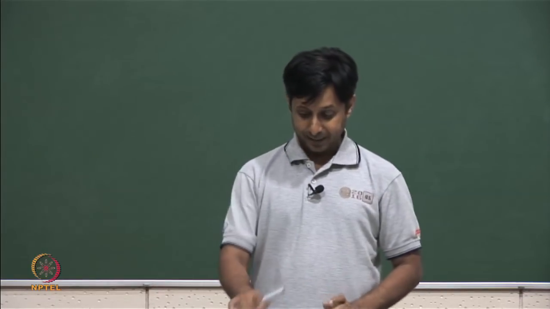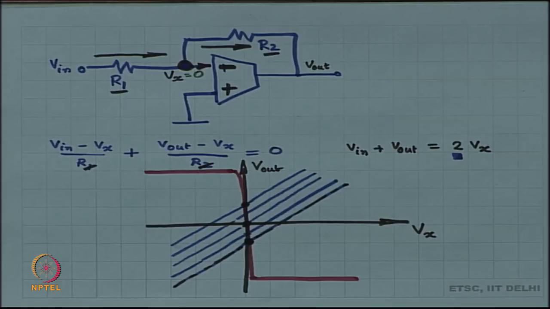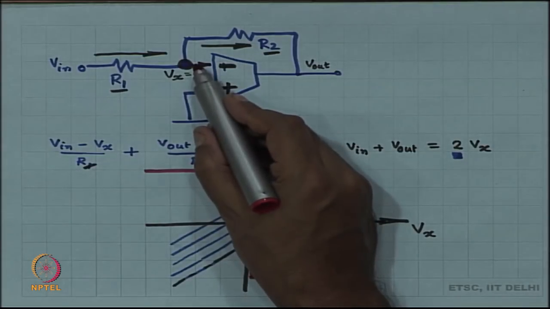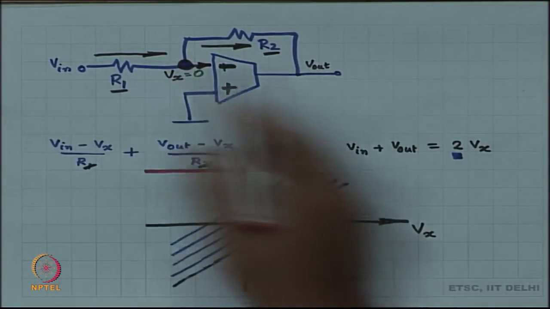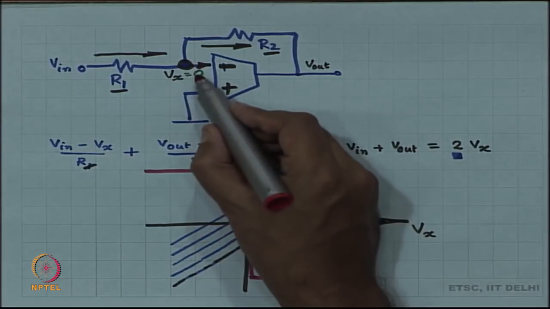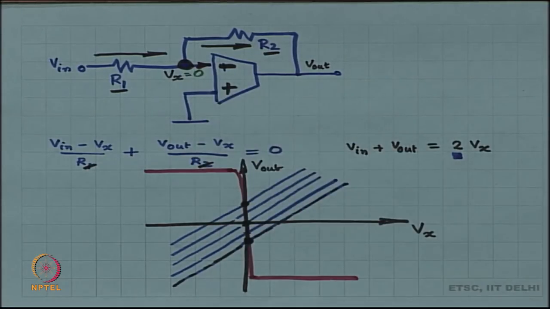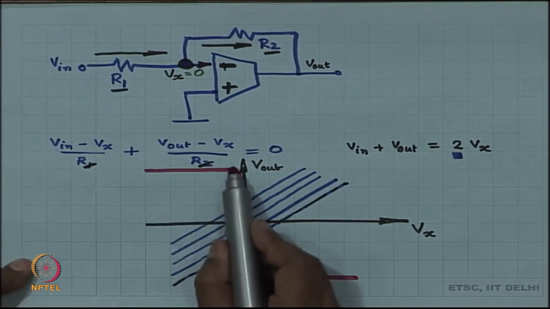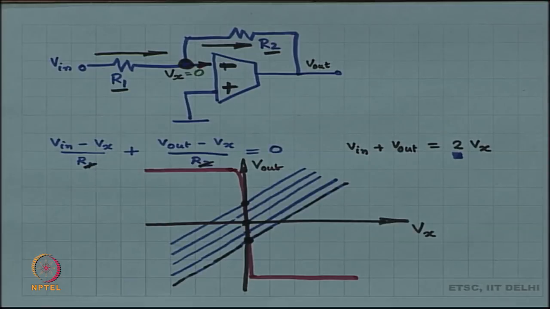But take a look at it, be careful, think about it before declaring victory. So, it looks as if V x is equal to 0, then the result is the same whether it is an op amp or an OTA. The question is whether V x is going to be equal to 0, and that question is answered by this graph.